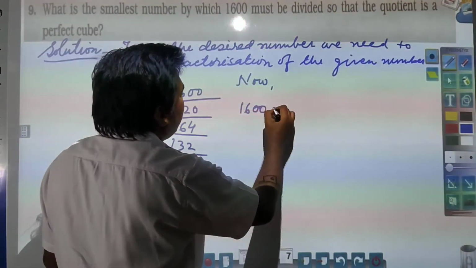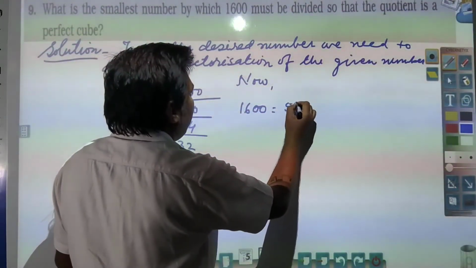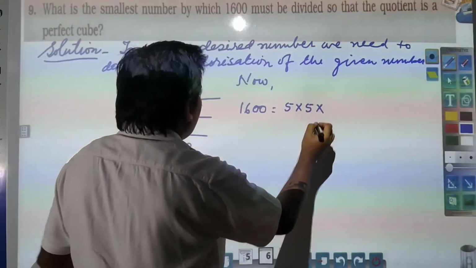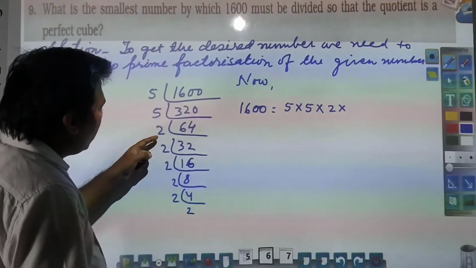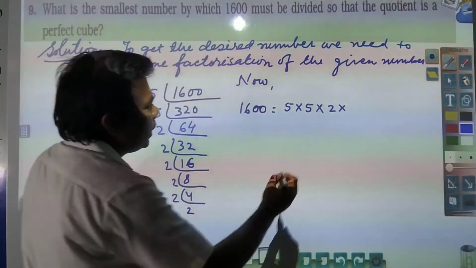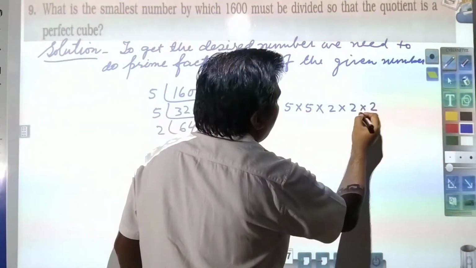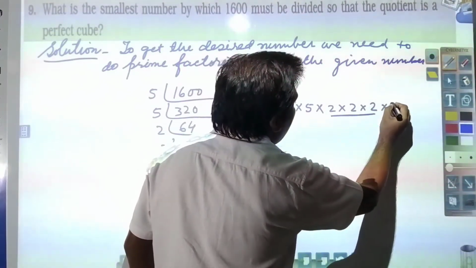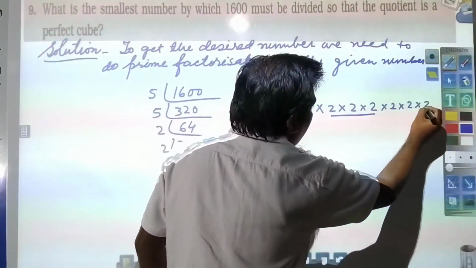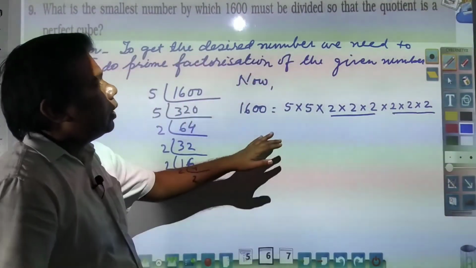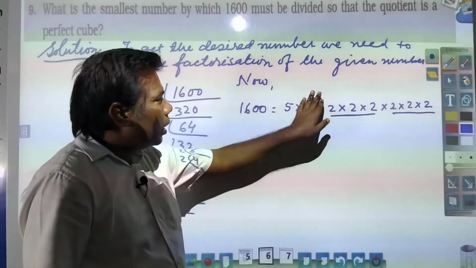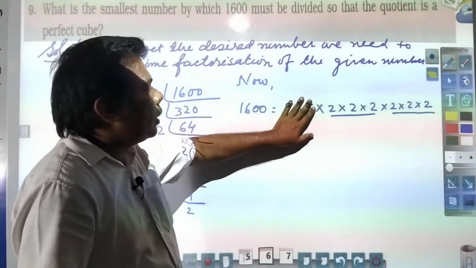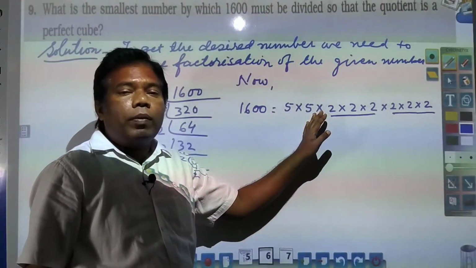Now 1600 can be expressed as 5 into 5 into 2 into 2 into 2 into 2 into 2 into 2. How many twos are there? 1, 2, 3, 4, 5, 6. So one triplet you have got and the other triplet you have got. Which number is required to be removed so that you get a perfect cube?